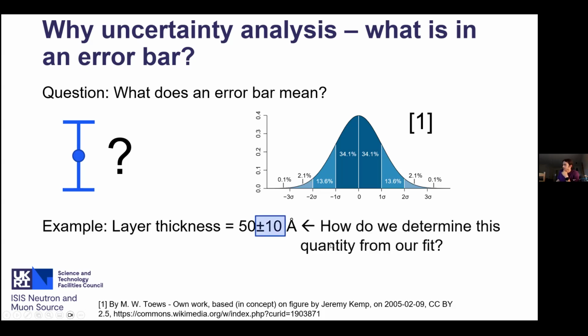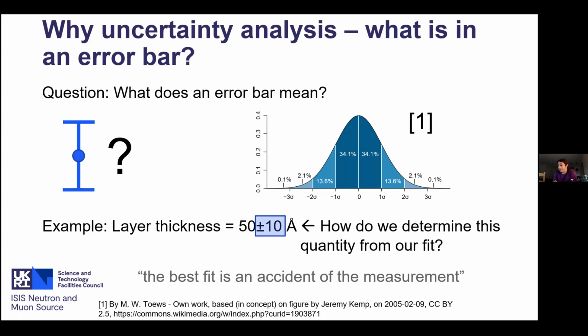The main point of this talk and what we do with the uncertainty analysis is essentially how do we determine this number from our fit? How do we give meaning to the parameters that we're pulling back from our fits? This is a quote I got from Hawkins, who I think was in the audience, and I don't know if you appreciate me saying this. He said that the best fit is the accident measurement.